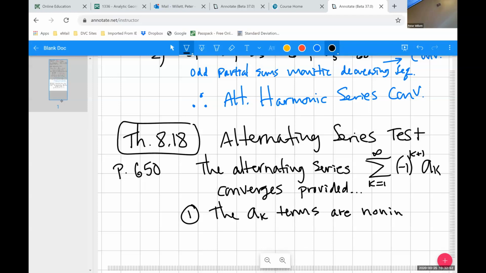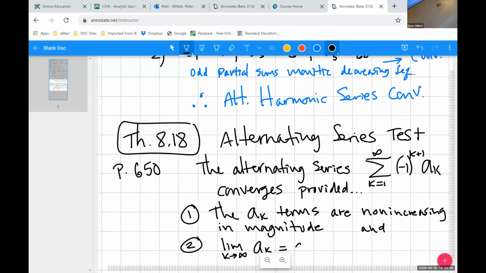Again, vocabulary from before. And they use the word in magnitude. But again, we've already set this up so that these are sort of positive numbers. And number two, the limit as k tends to infinity of the a sub k's is equal to 0.